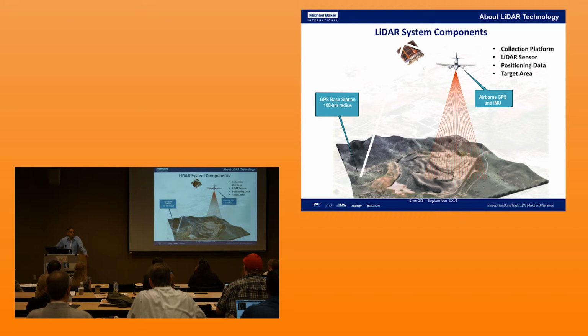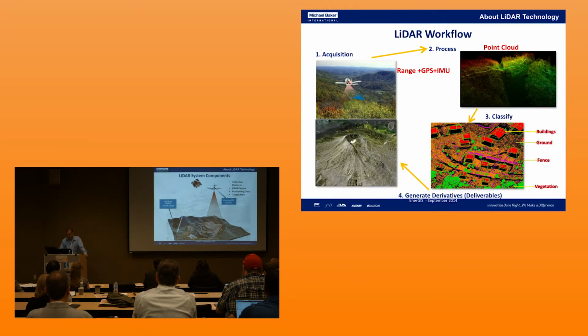So together with the GPS and IMU, you get the 6 parameters, which are X, Y, Z, and phi, omega, kappa, to precisely tell the position. And there will be a GPS stationed near the area where the data is collected, which is primarily used for calibration purposes. So this is, in a nutshell, the aerial LiDAR system components.